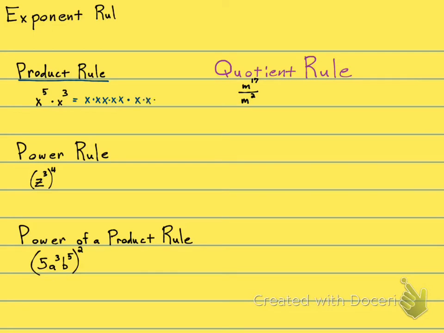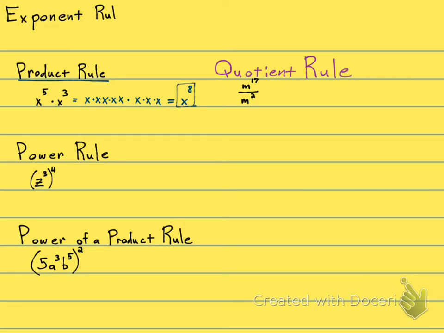X times x times x. And when you look at this, if you put them all together, how many x's do you have? 1, 2, 3, 4, 5, 6, 7, 8. 8 of them. Okay, so x to the fifth times x to the third is x to the eighth.